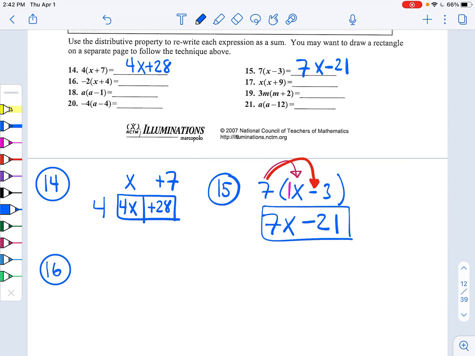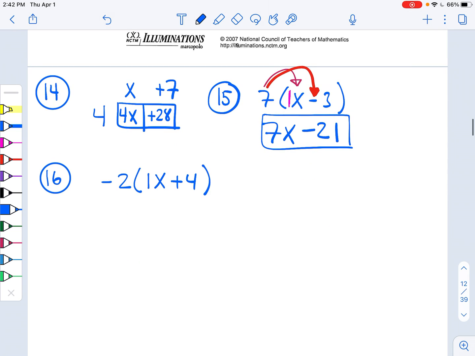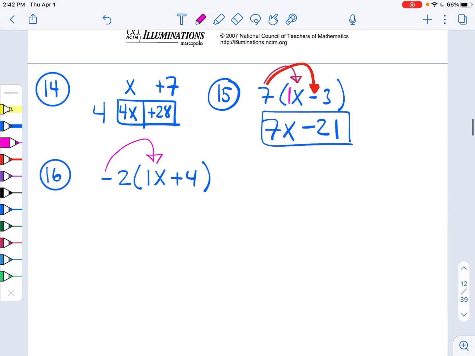So on number 16, you would have negative 2 times 1x plus 4, okay? So you have negative 2 times positive 1x. Now, don't forget the integer rules are coming into play here. You have a negative times a positive, so that would be a negative 2x.